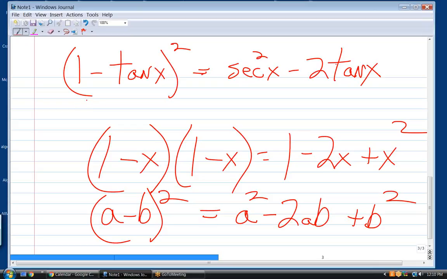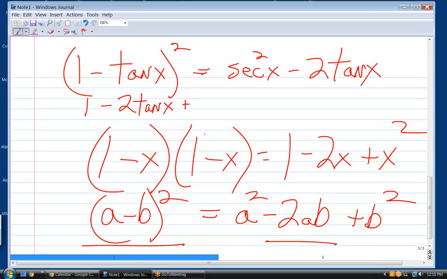It would be 1 squared, which is 1, minus 2 times negative tangent. Well, the minus takes care of the negative, so that's the middle term. In other words, don't apply two negatives. If we're squaring this, then our middle term has a negative sign in front of it.